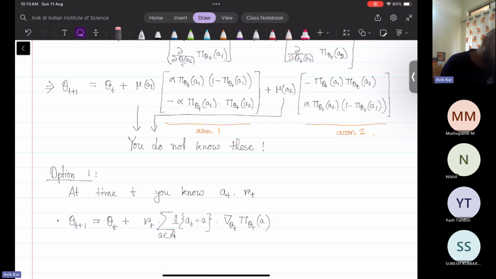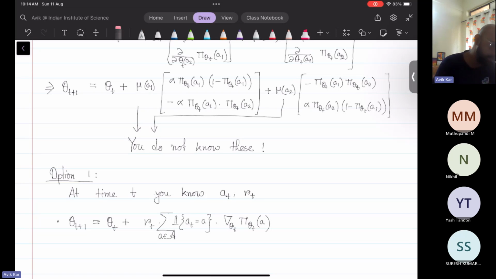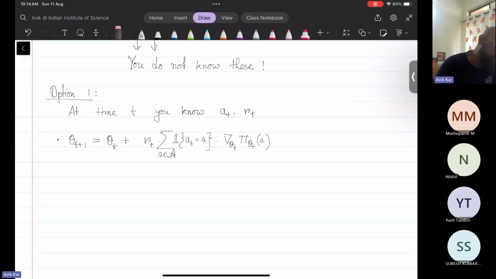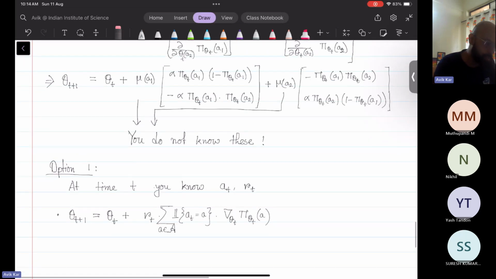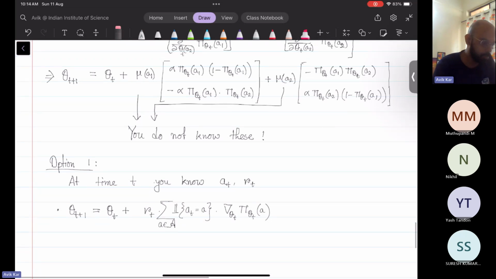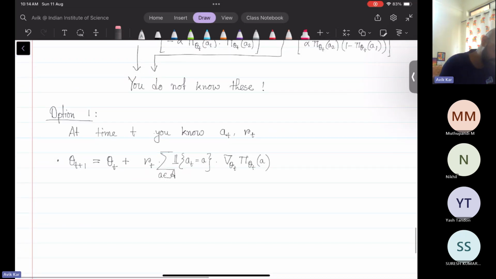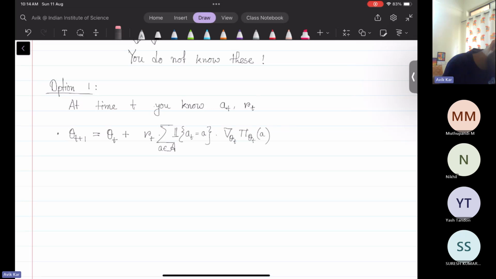Now, it turns out that you have more information at this time. You actually have collected lots of samples in past time steps, and you can use those. So instead of using mu a1, mu a2, you can just use the estimates of those terms. So what you can do is option 2.